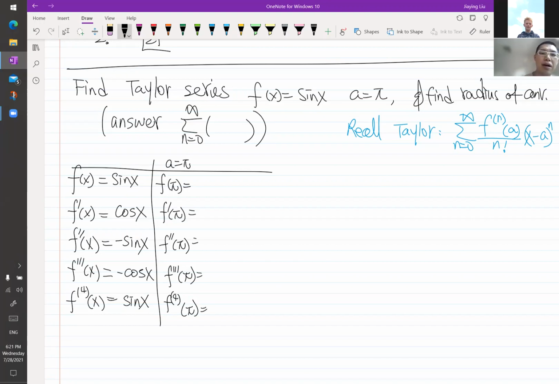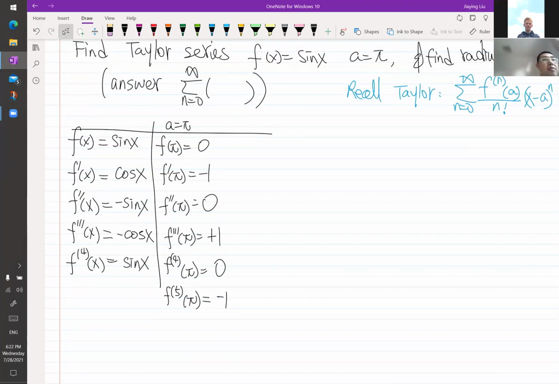So f of pi, sine pi, equals 0, cosine pi is -1, negative sine pi is again 0, negative cosine pi is +1, and then 0 again. If you repeat this pattern, the next terms will be 0, -1, 0, +1, 0, -1. It repeats. Those are the nth derivatives of f at a.